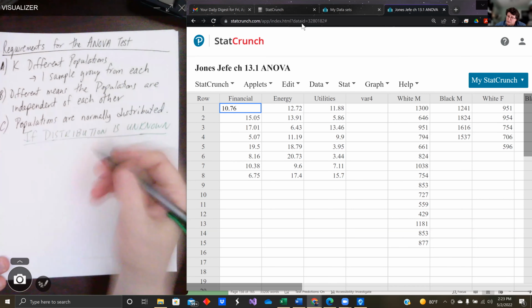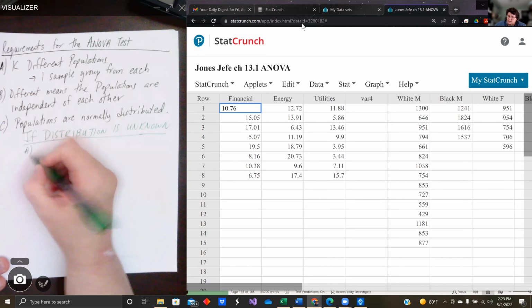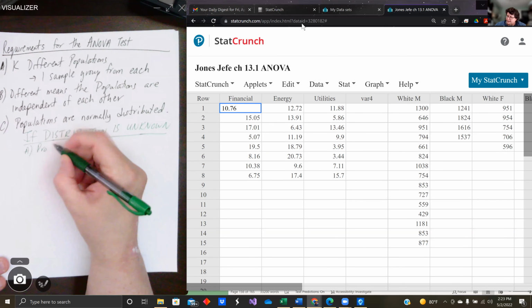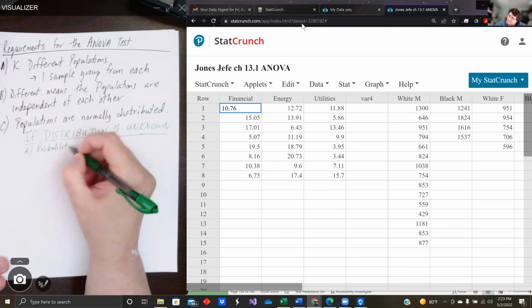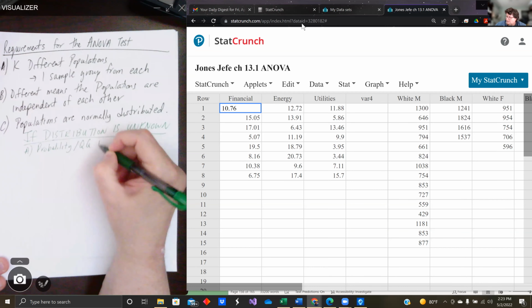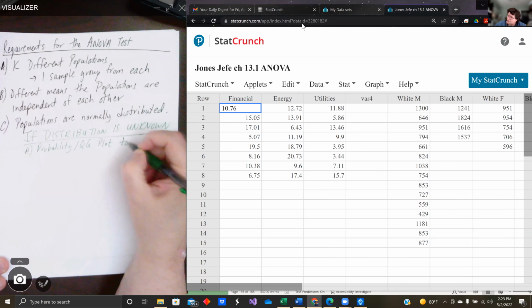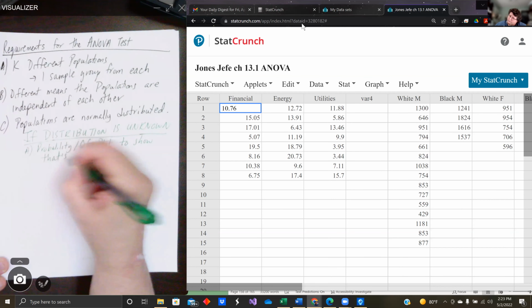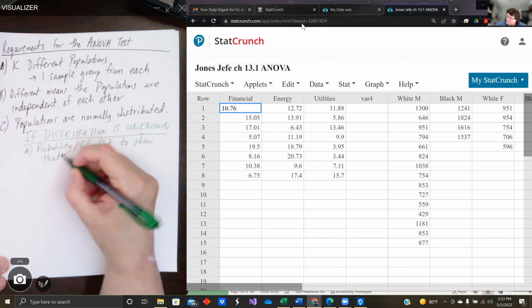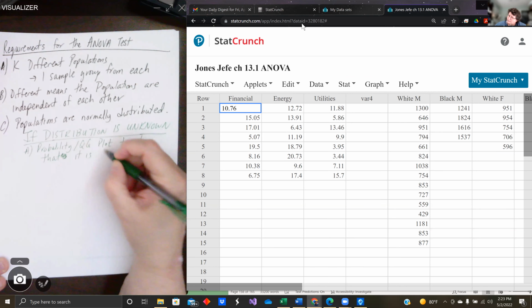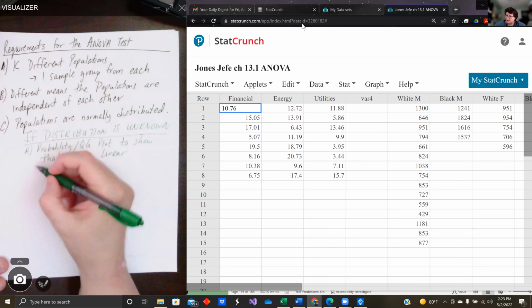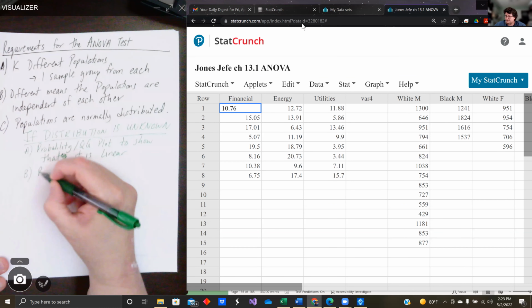For the means test, we wanted a probability plot or QQ plot to show linearity. To show that it's linear. And we want our box plot to have no outliers.